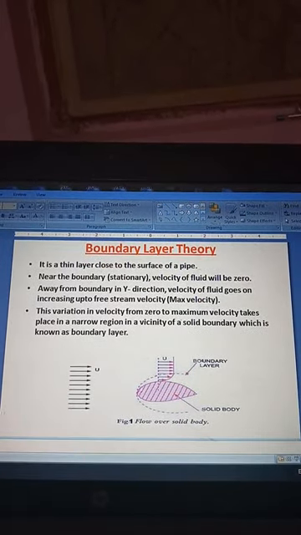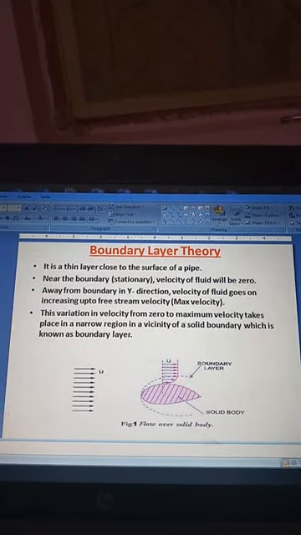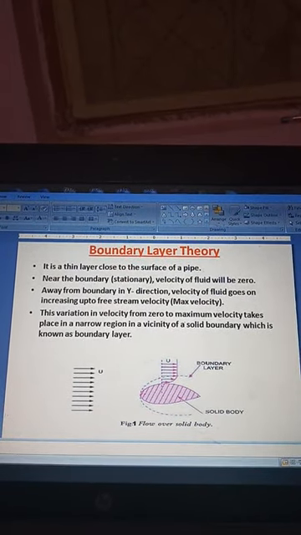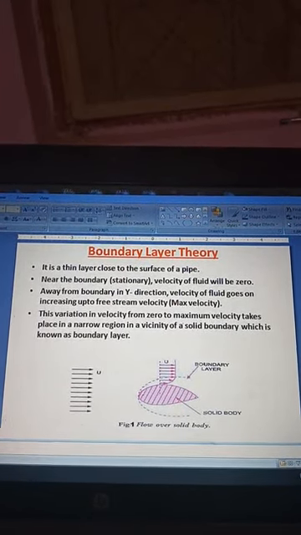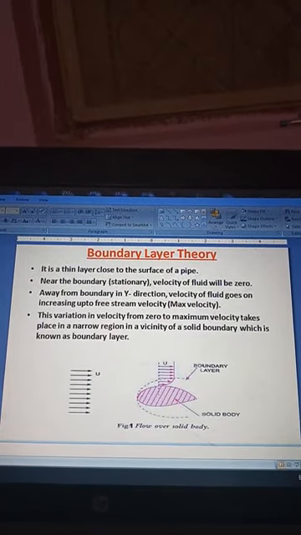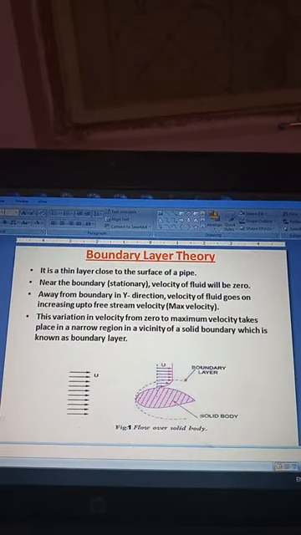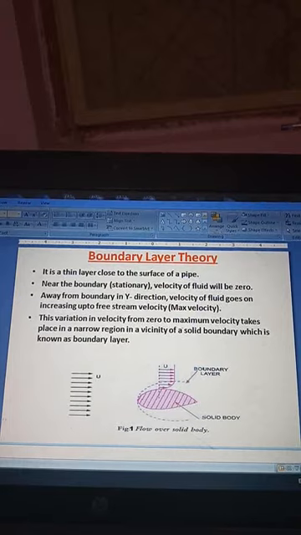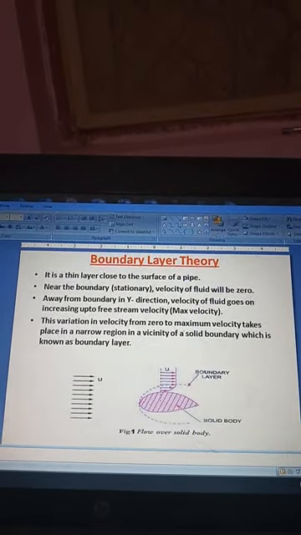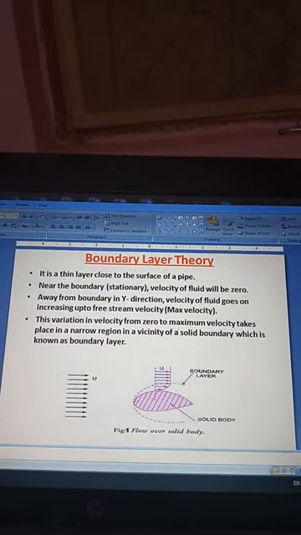Now, when this fluid is striking that solid body, the velocity suddenly becomes zero at the edge of the solid body. And this condition, as you know, is called a no slip condition. So along the edge of the solid body, the velocity of the fluid, because of the no slip condition, is also zero, as the solid body is stationary.